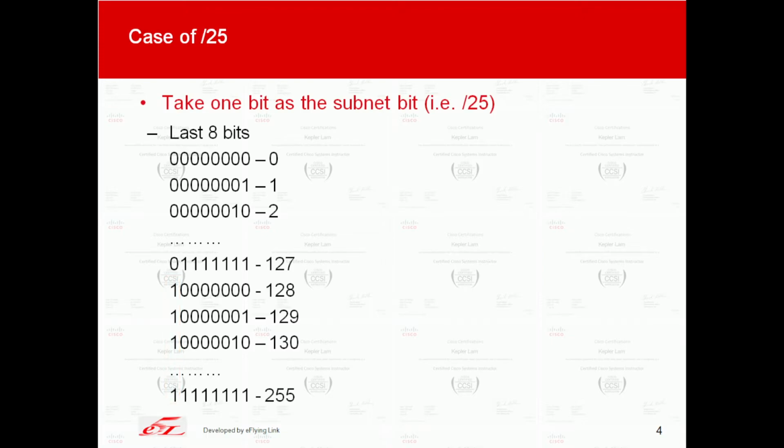The first portion starts with all zeros, that is 0 and then 7 ones, while the second portion starts with 1, 7 zeros, and then up to all ones. In decimal, the first portion starts with 0 up to 127, while the second portion starts with 128 up to 255.